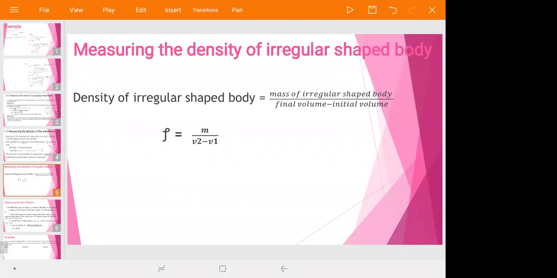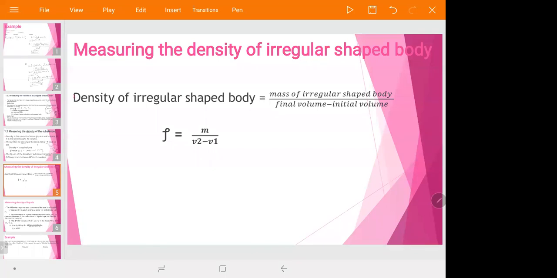The other point we are going to see under density is measuring the density of a body, especially a solid body. In this case, you must know how we can measure the volume of an irregular shaped body.